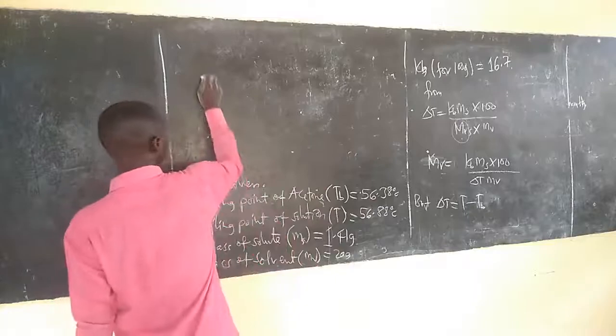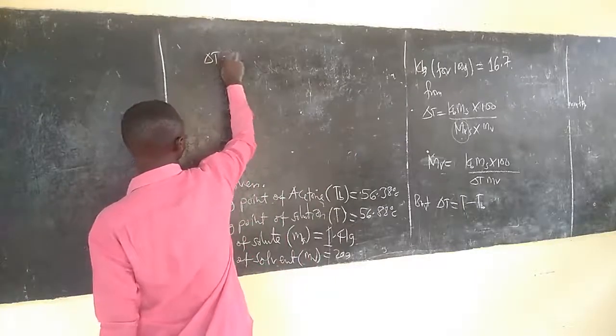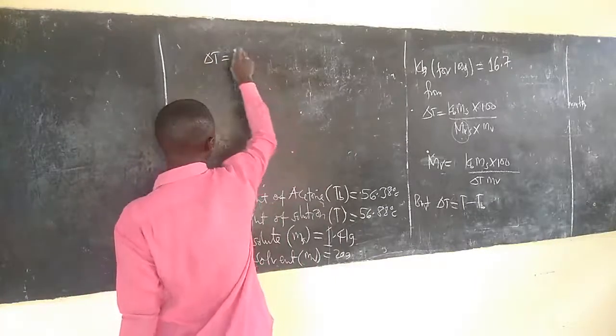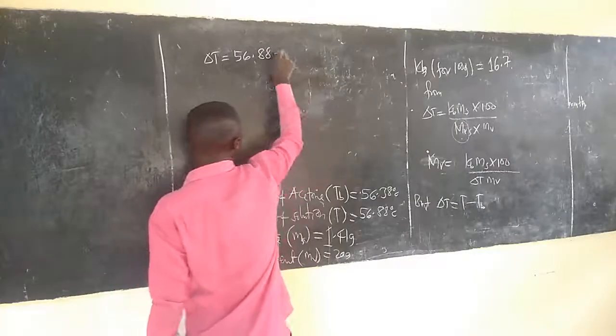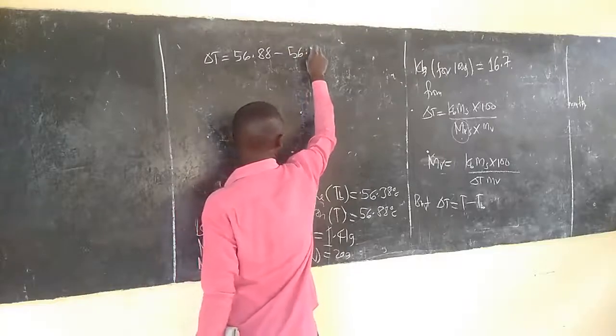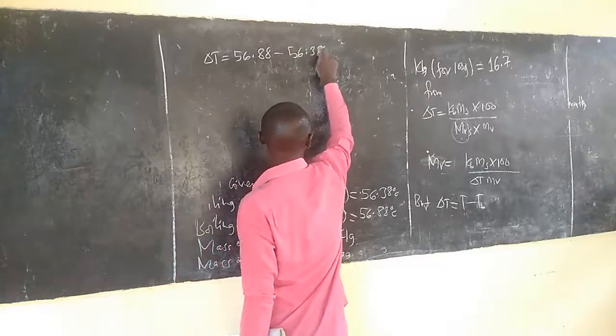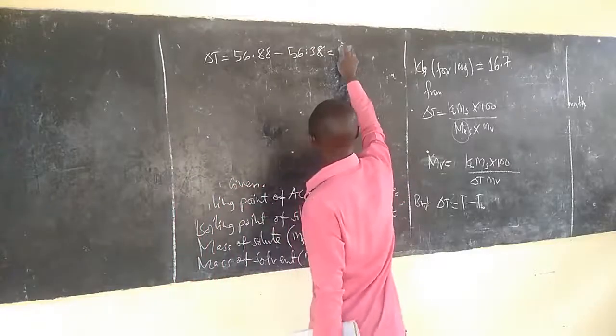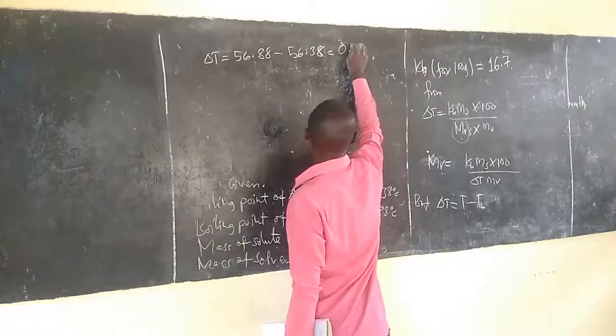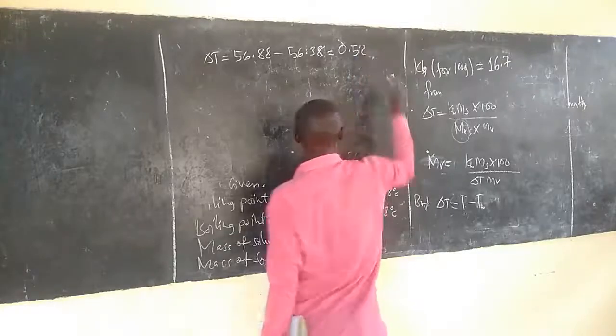Tutasema change in temperature sawa na 56.88 au 56.38. This will be equal to 0.5 degrees Celsius.